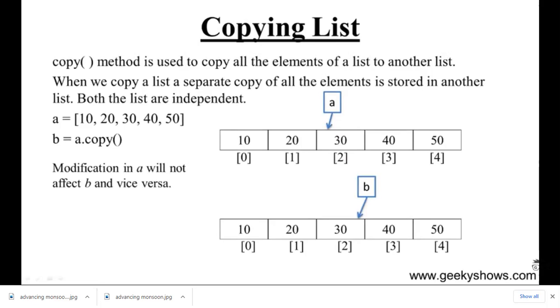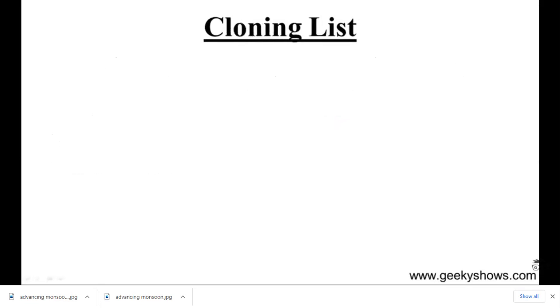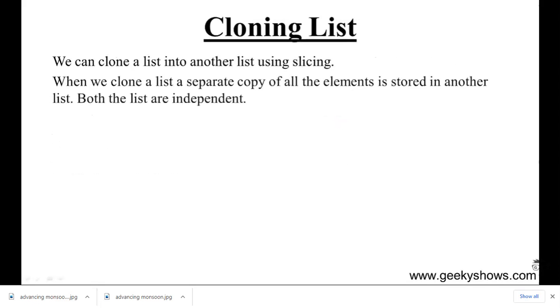Now, let's understand what we mean by cloning a list. We can clone a list into another list using slicing. When we clone a list, a separate copy of all elements is stored in another list.